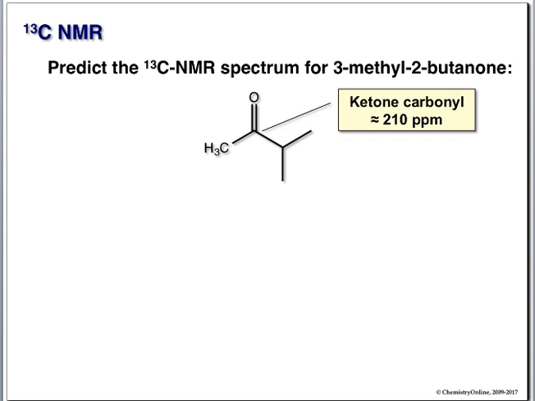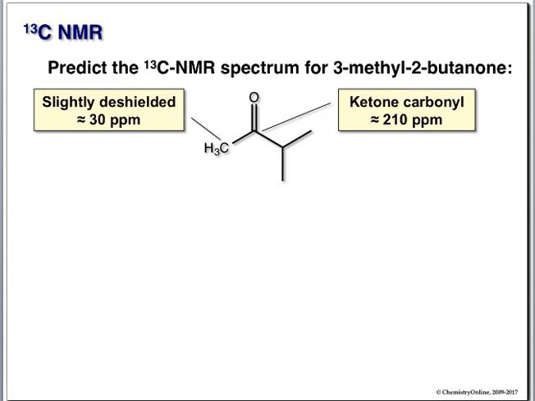This is a very simple methyl group. It is, however, attached to a carbonyl carbon. Because it's attached to the carbonyl carbon, which is somewhat electron withdrawing, it'll be shifted down a bit. Probably around 30 parts per million. That's 30 delta.